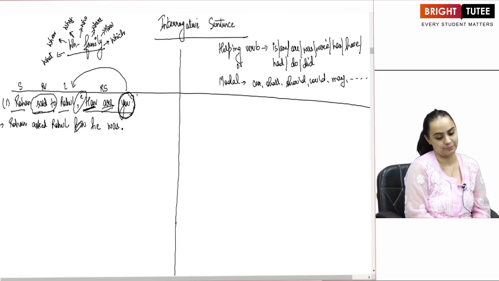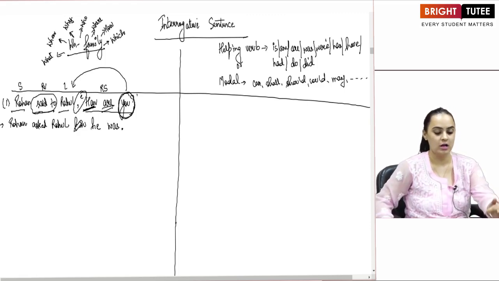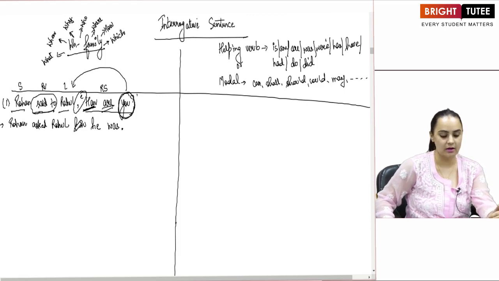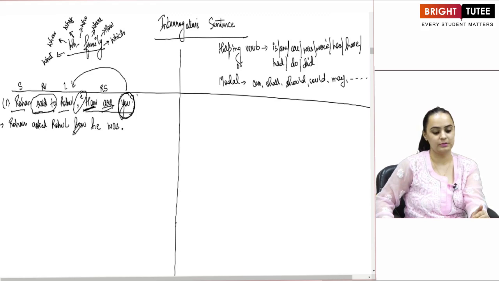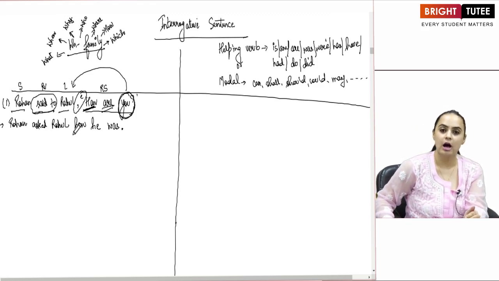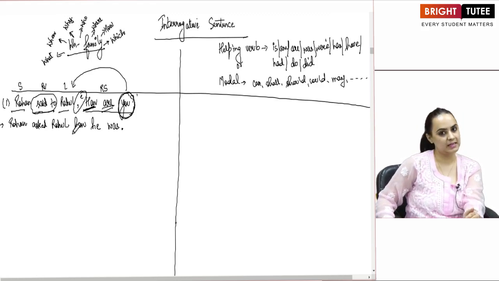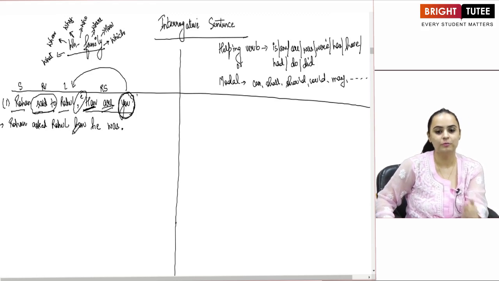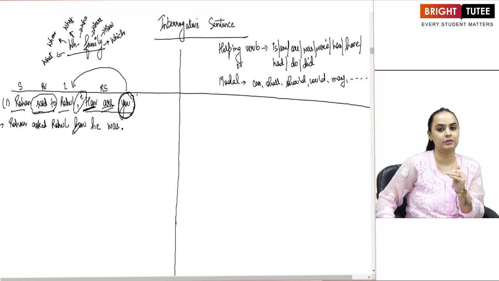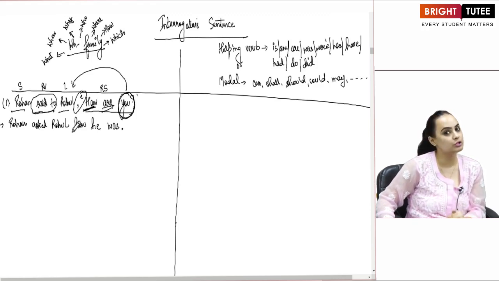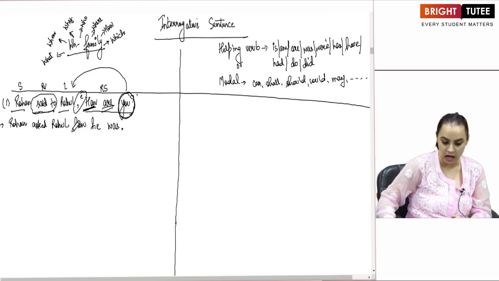Full stop. So, what did I just do? Rohan, my speaker, remains as it is. Said to, my reporting verb, changes to asked. Rahul, my listener, remains as it is. I remove the commas and in place of the commas, I will use my WH family word only, which is how.